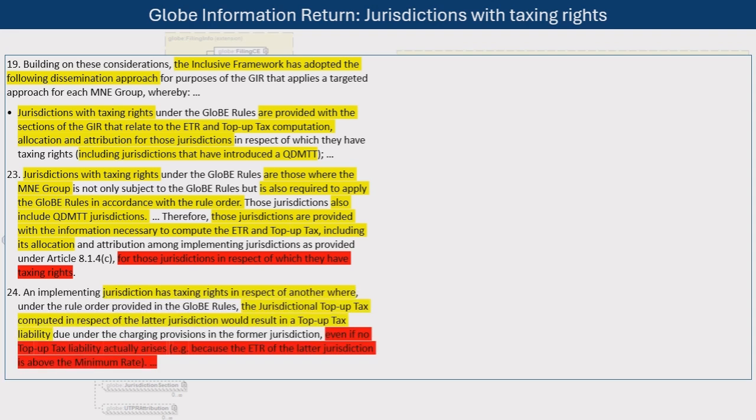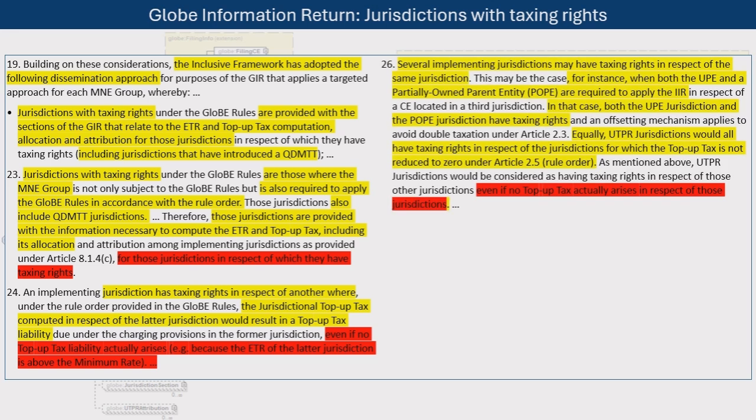An implementing jurisdiction has taxing rights in respect of another where the jurisdictional top-up tax computed in respect of the latter jurisdiction will result in a top-up tax liability due, and here it comes, even if no top-up tax liability actually arises, e.g. because the effective tax rate of the latter jurisdiction is above the minimum tax rate. Now to me, that means even if you're in a safe harbor, you still need to provide this data to these jurisdictions. And I'm not quite sure if that is the intent.